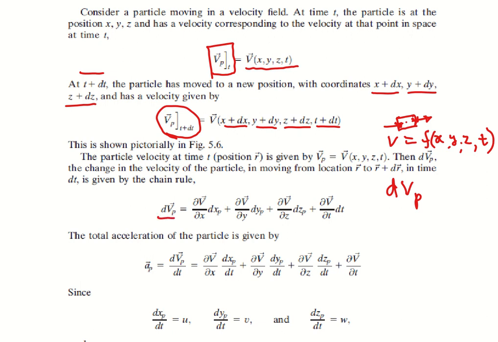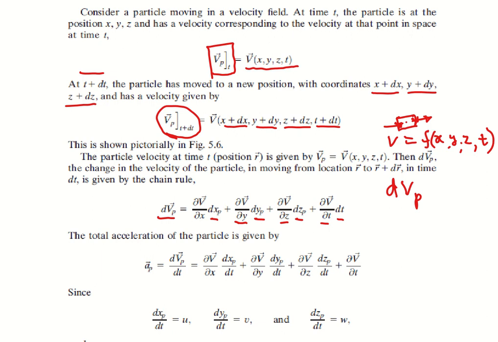This dv is equal to del v over del x multiplied by dx, del v over del y multiplied by dy, del v over del z multiplied by dz, and del v over del t multiplied by dt. Right.